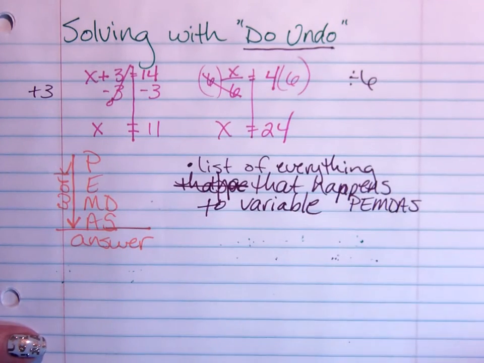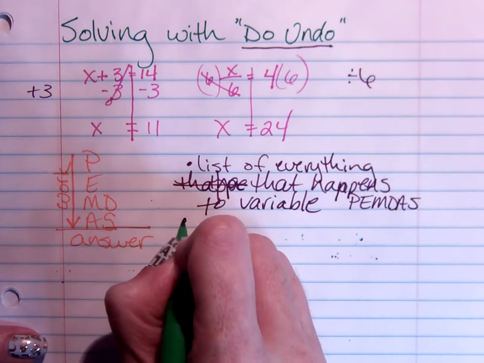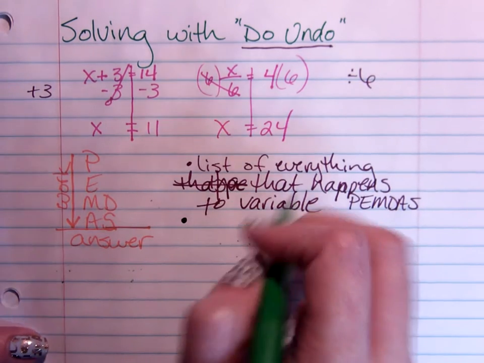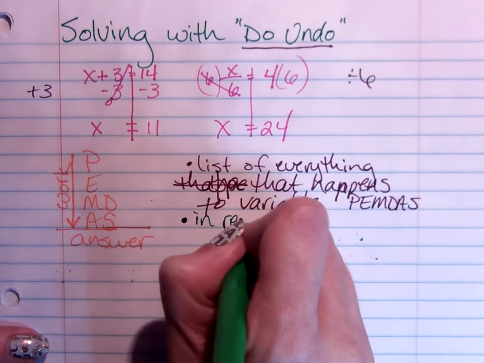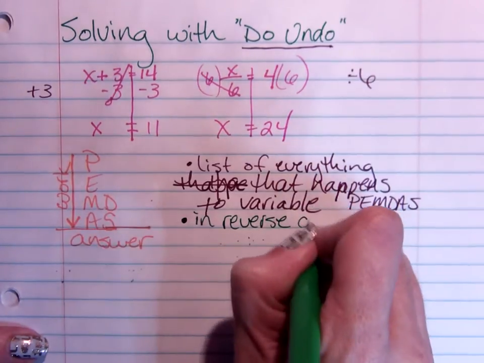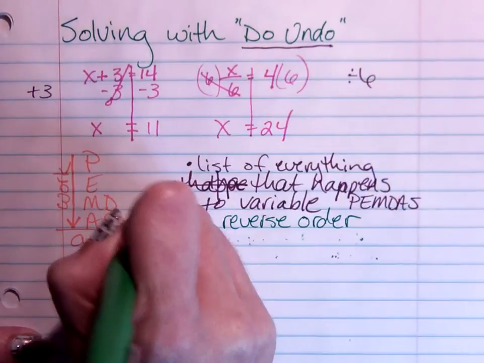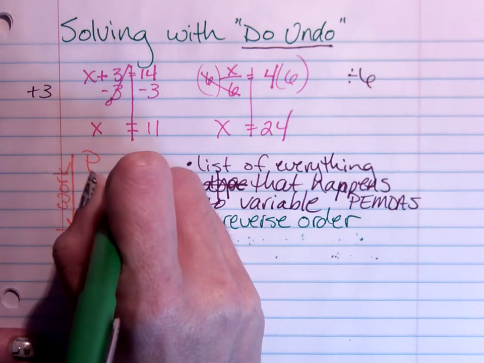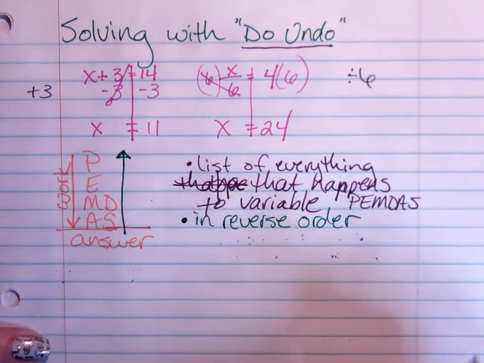And then what we're going to do is we're going to go through and in reverse order, right? So we're starting at the answer and we're working our way back.